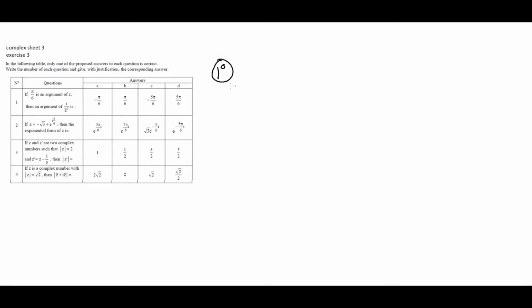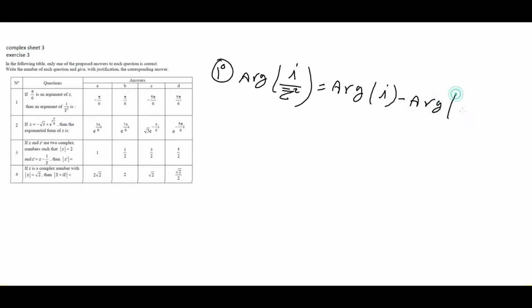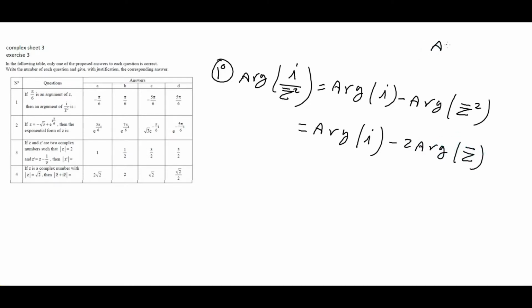Anyway, let's start with number 1. If pi over 6 is an argument of z, then an argument of i over z bar squared is which one of these? So the argument of i over z bar squared is equal to the argument of i minus the argument of z bar squared, which is equal to the argument of i minus 2 times the argument of z bar. But we have a property that says the argument of z bar is equal to minus the argument of z.